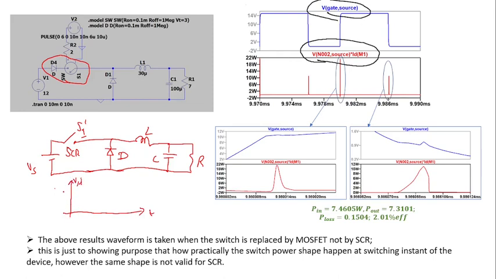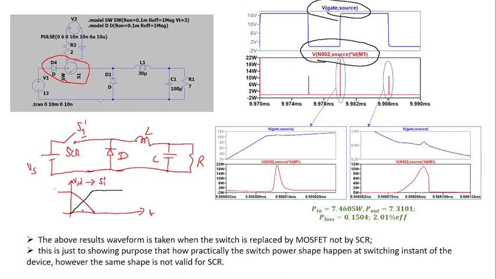When you turn on the device, the voltage will drop linearly, and the current through the switch S1 prime rises linearly.